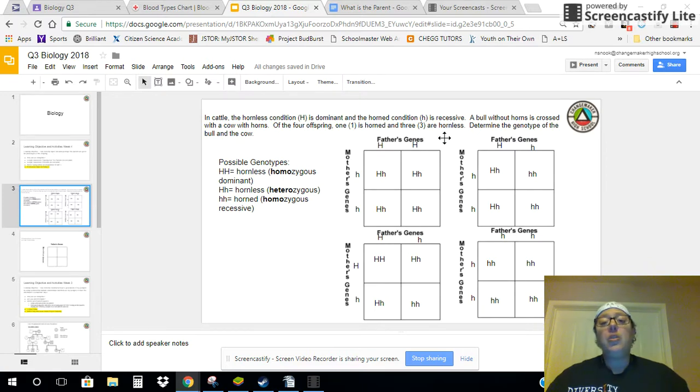So what I recommend you do, I have filled this out for you because I would do this if this was my assignment, and I am a genetics guru, just so that I don't make a mistake. I would write the Punnett squares for the situation and figure out which one is the correct one. So first of all, a bull without horns.